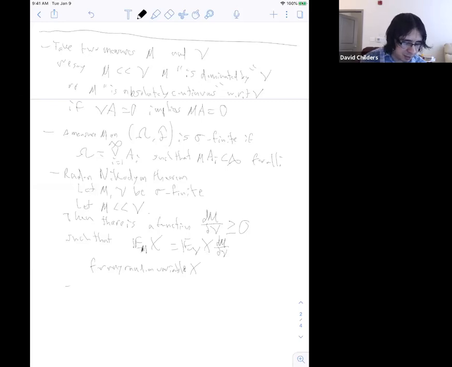And this d mu d nu, it has the property that it's non-negative, and it has nu measure equal to 1.